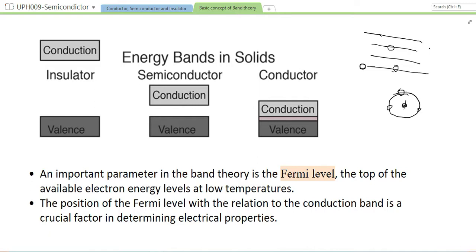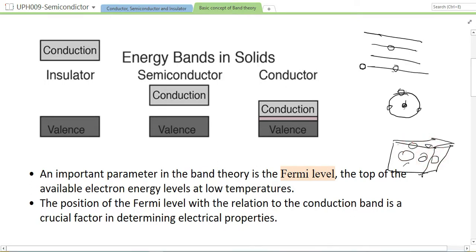But in a material, like a piece of iron or a piece of silver, you don't have isolated atoms. There is a very large number of atoms, Avogadro's number, 10 to the 23 and more, arranged in a very specific manner. In some other lectures we talked about crystals, right?